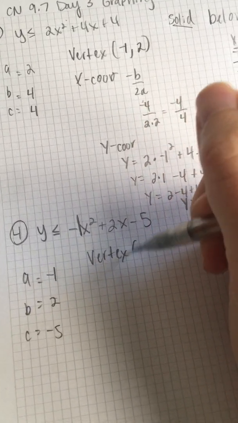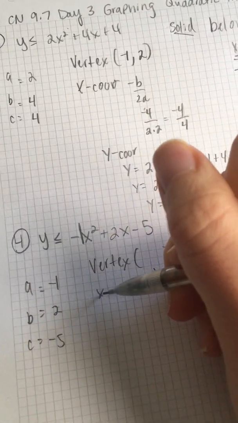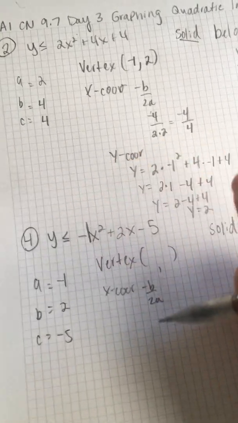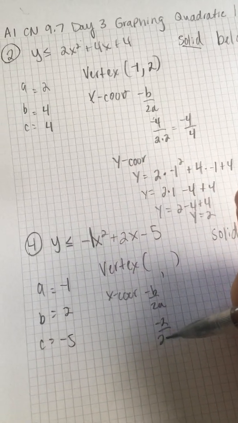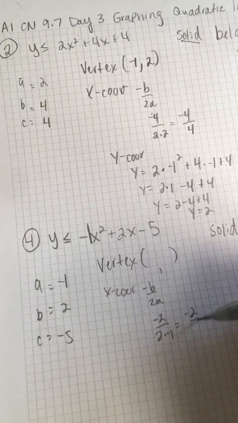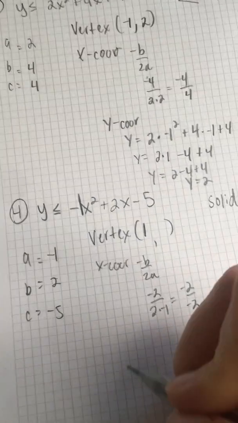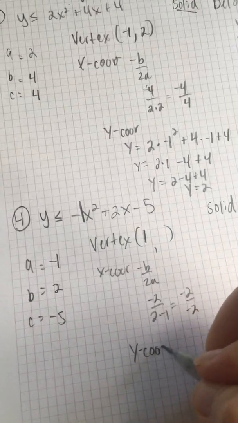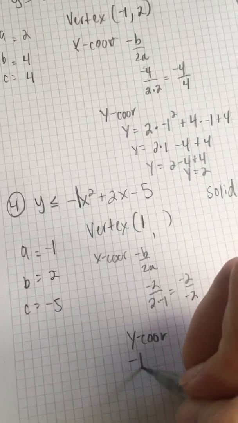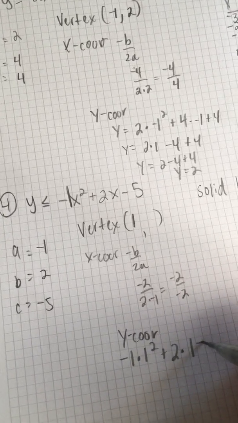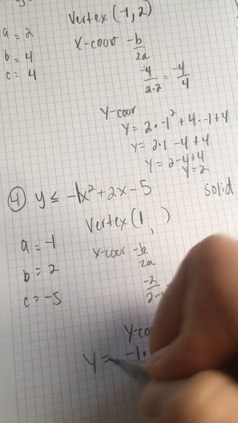Vertex, x-coordinate, opposite B over 2A, negative 2 over 2 times the negative 1, so I get a negative 2 over negative 2. A negative over negative becomes positive, and 2 goes into 2 once. Y-coordinate, here's where we have to be very careful. We have negative 1 times 1 squared plus 2 times 1 minus the 5 that comes down.